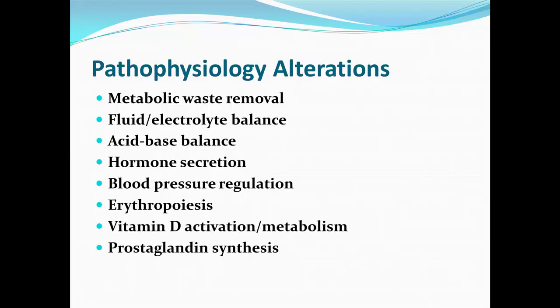Urea, nitrogen, those are big metabolic waste products, primarily from the breakdown of protein. Certainly it makes sense that we would be doing fluid and electrolyte balance. We have to either get rid of water or keep more water. And then again, that tubular function, secretion and absorption.